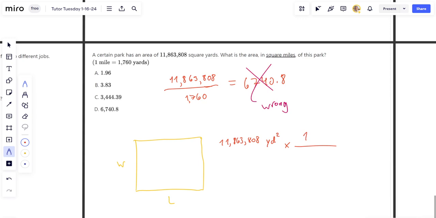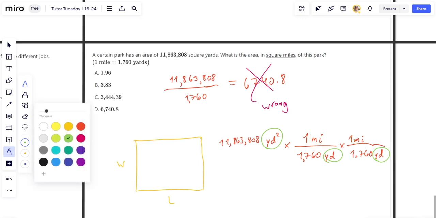What we did is basically multiply by a conversion of 1 mile for every 1,760 yards. But you can see that doesn't really cancel out the yards squared here. Yards squared divided by yards times miles. So what you'd want to do is multiply by this conversion factor twice, or the conversion factor squared. Now you can see yards squared will cancel out with the yards squared here, and we'll get a resultant unit of miles squared.